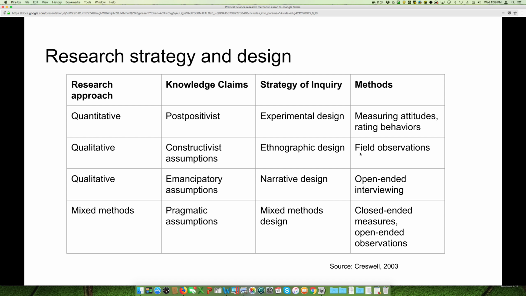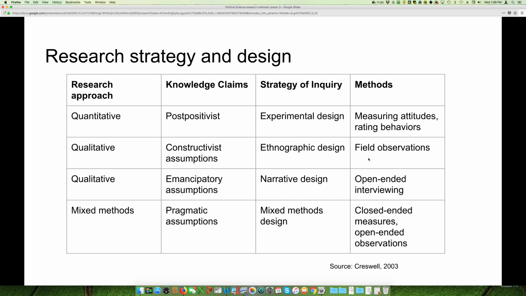And then your methods are often field observations. But your ethnographic design can also include surveys, and can also include a method we call Q-sort, which we'll talk about later, which asks people to come up with words to describe the phenomenon they're experiencing.